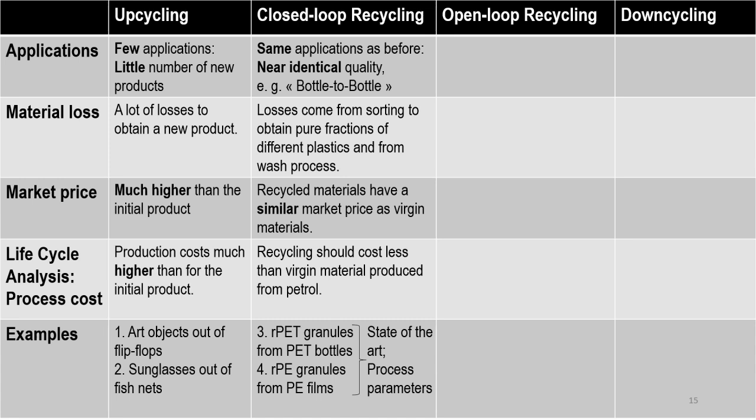For closed loop recycling, I want to define what I mean by it. It means it becomes exactly the same product that it has been before. Example, bottle to bottle. This is a standard, according to the state of the art.